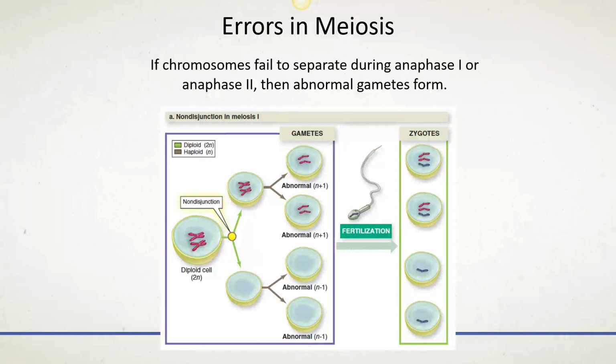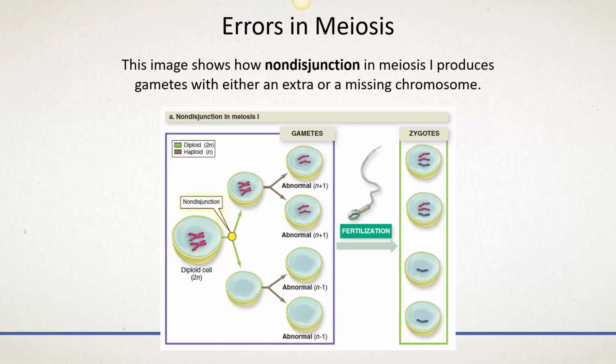There's also some bad things that can happen during meiosis, one of them being anaphase 1 or anaphase 2 non-disjunction. If chromosomes fail to separate during anaphase 1 or 2, then abnormal gametes form. That process is called non-disjunction.